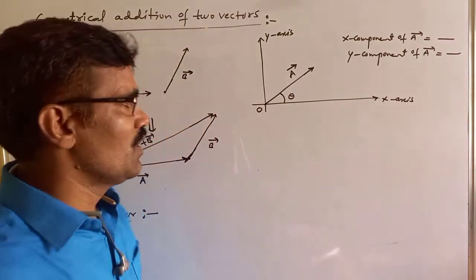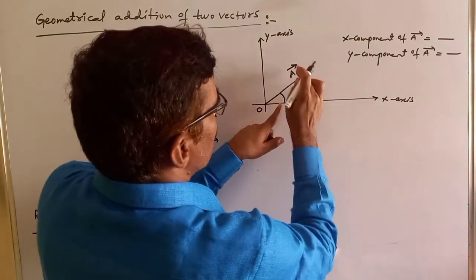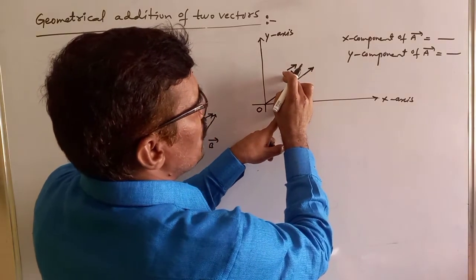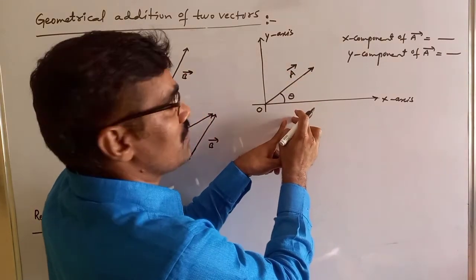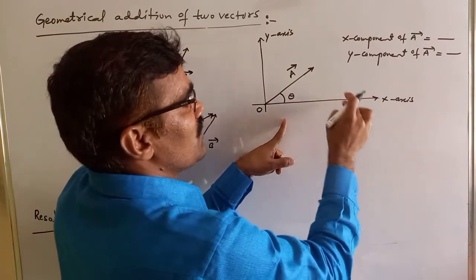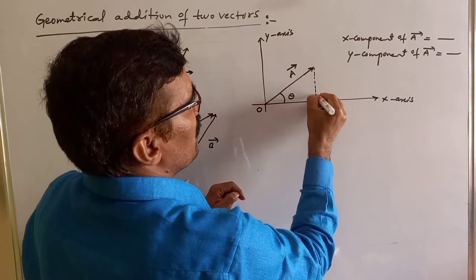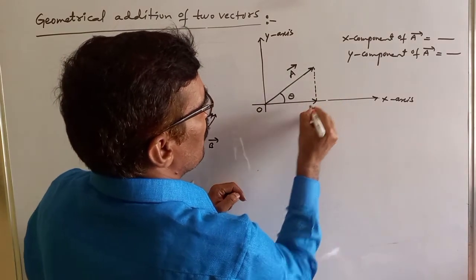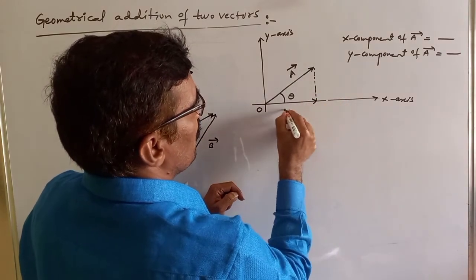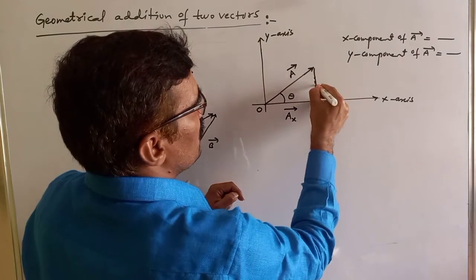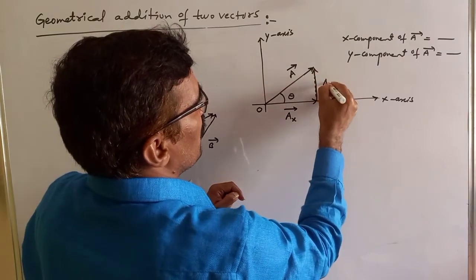That is okay, sir. Suppose here A bar is the combination of two vectors: one is the x direction vector, the other the y direction vector. Listen carefully. So from here to here is the Ax bar vector. Then this is Ay bar.